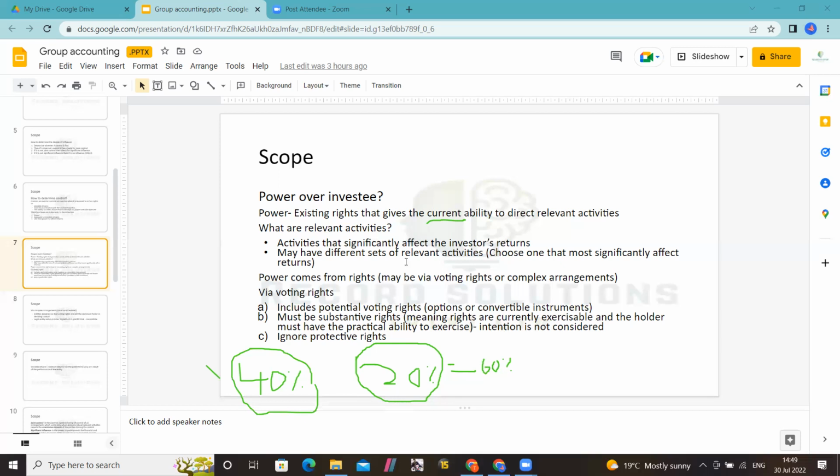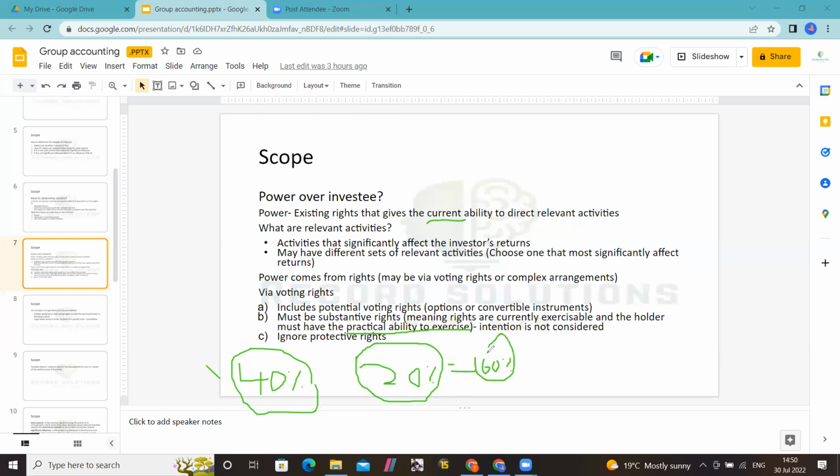This point is very important: the practical ability to exercise. So let's go back to this example. Let's say these options are currently exercisable, so you can exercise them and get this 60%.